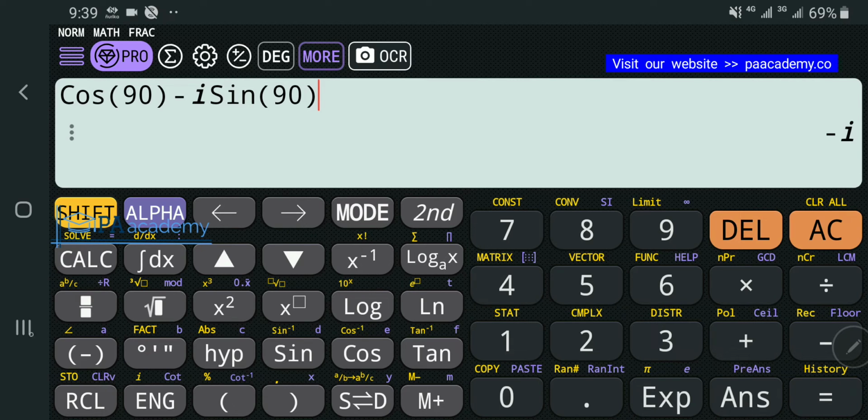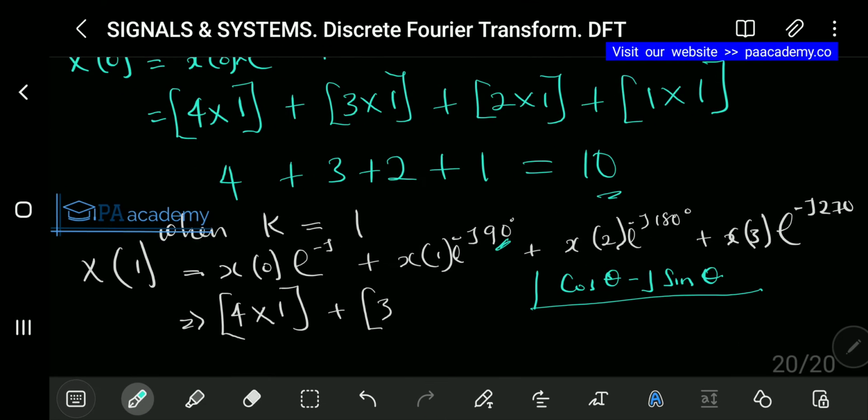So let's go back to our workbook. So this exponential minus j90 is actually times minus j. So with that, we've been able to simplify this particular one.